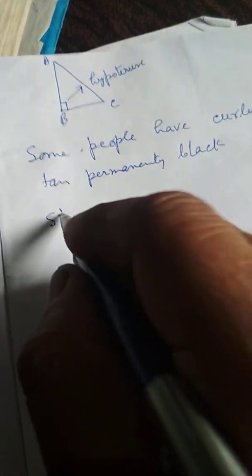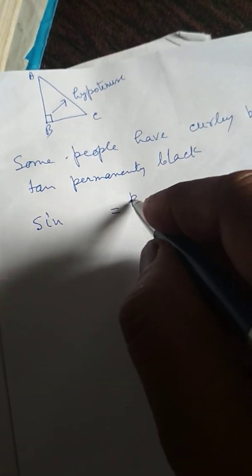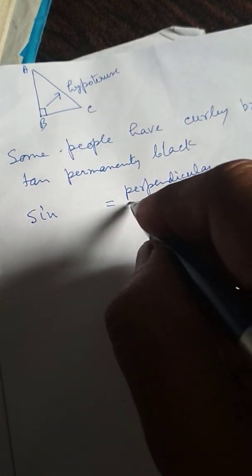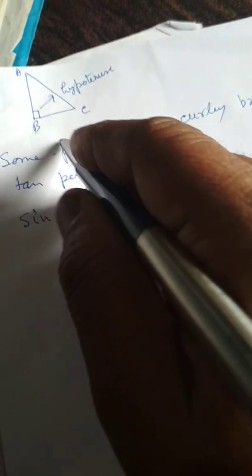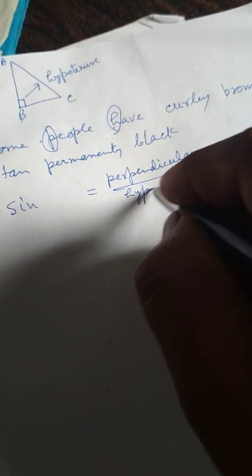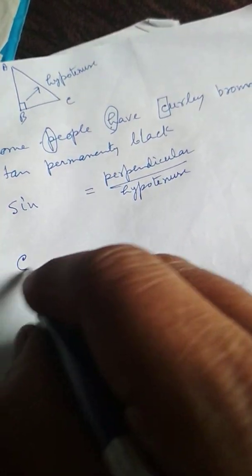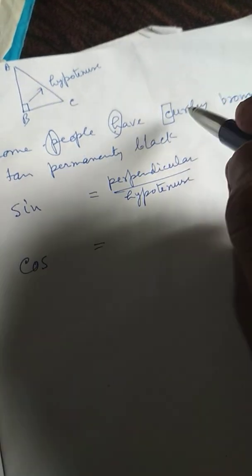Now what is this? S is sign of an angle. First letter is P. P means perpendicular. H, hypotenuse. This is C. C means cos of an angle.